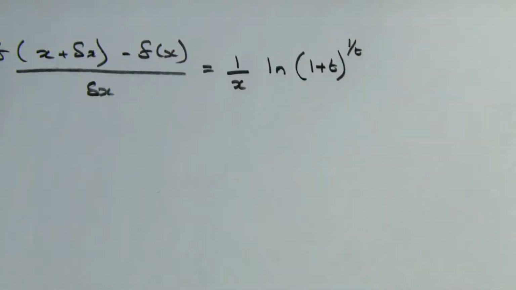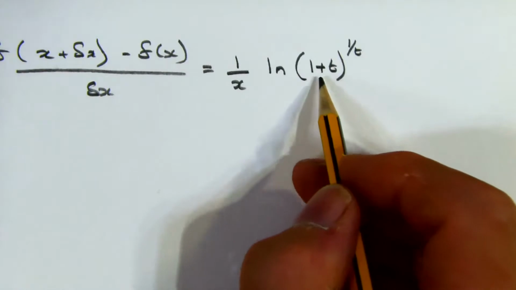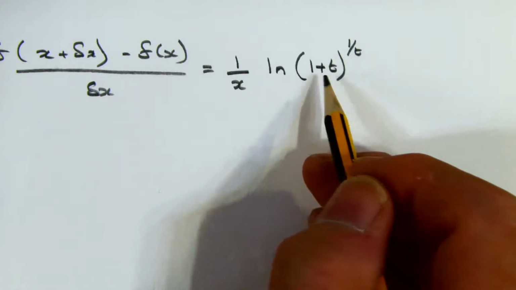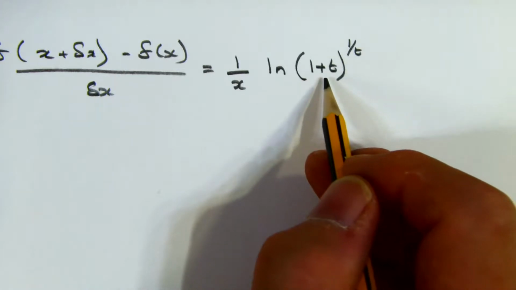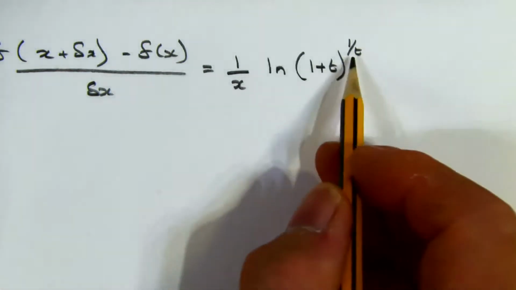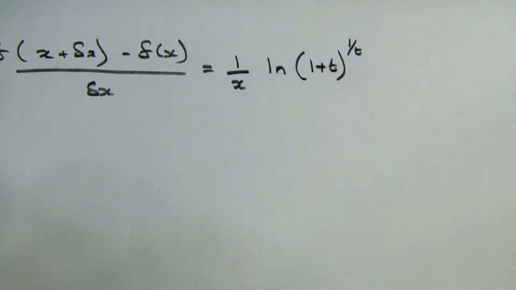And that looks familiar here, because what we've actually done there is we've looked at this idea that as delta x tends to 0, t is also going to tend to 0.